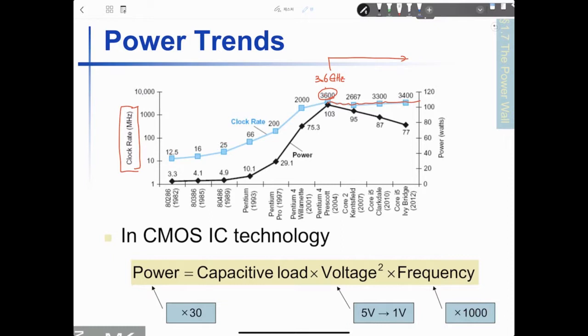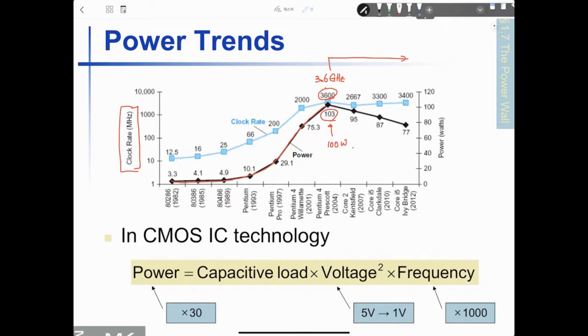So let's look at the power consumption, the energy consumption. If the clock frequency is increasing, energy consumption is increasing also. At that moment, it was 100 watts.